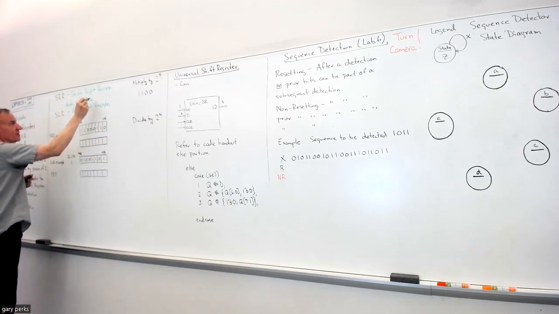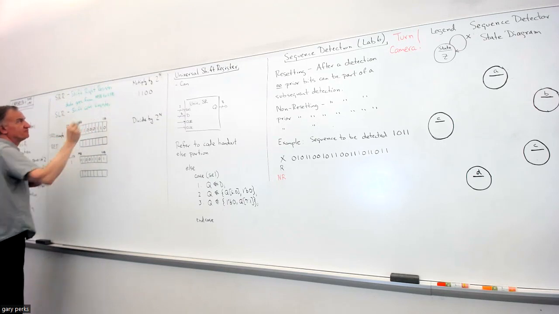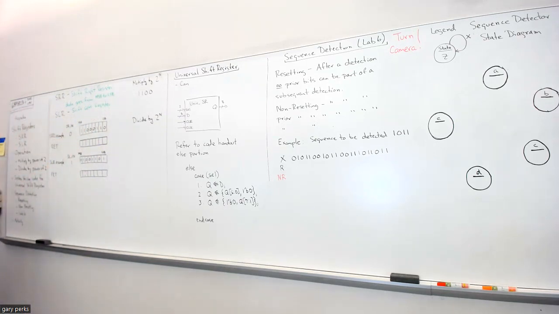goes from most significant bit to least significant. So if shift right is data going from most significant bit to least significant bit, how do you think the data goes for shift left? Yeah, just the reverse.